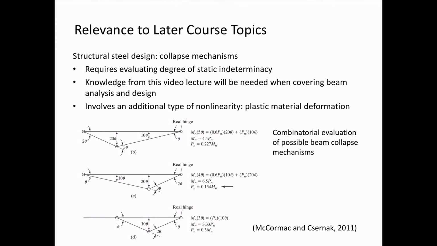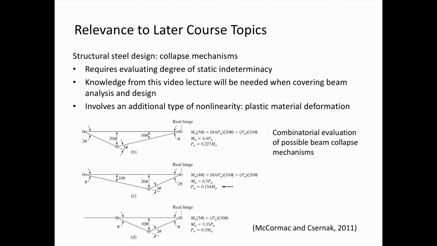And there are usually many different ways a collapse mechanism can form, and so you'll need to go through a combinatorial analysis of the different ways a collapse mechanism could form and identify which one is going to be the weakest. This is going to be an interesting topic coming up where the analysis involves an additional type of nonlinearity.